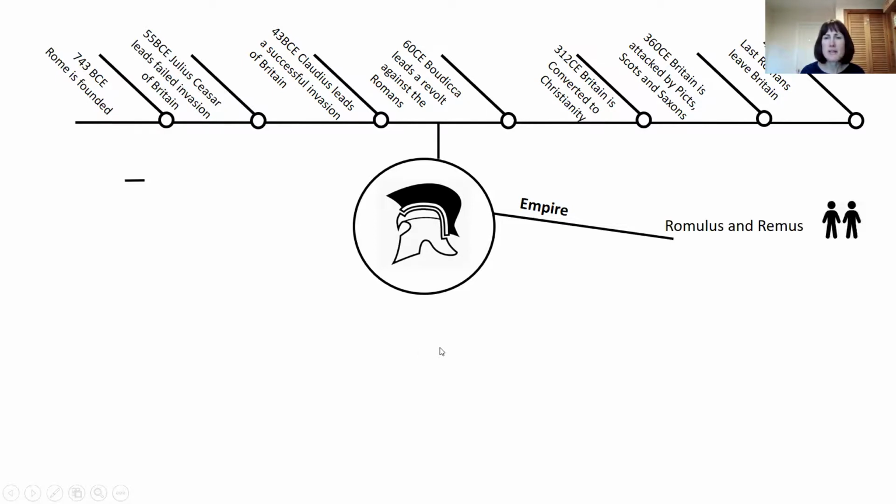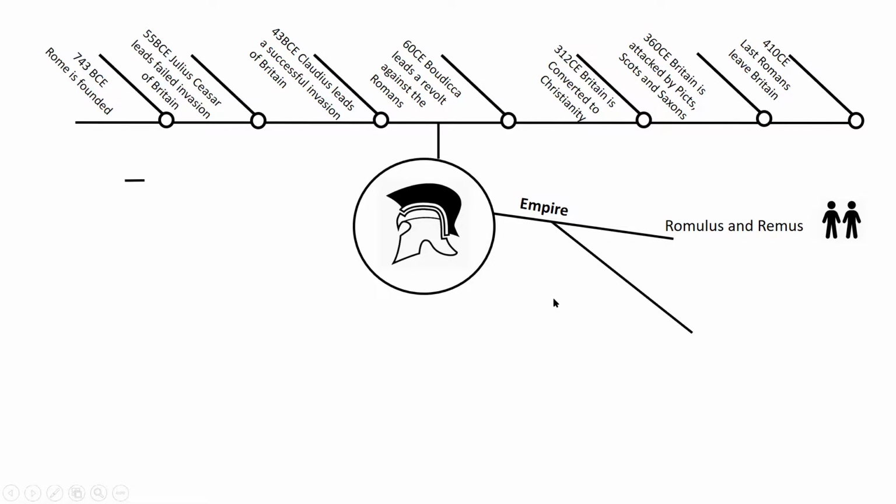I've mentioned already that the Roman Empire was one of the most powerful ones. Coming off the empire are the words Romulus and Remus, and there's a small picture to show our twins. You can do 2 stick people if you want, just something to help you remember. They need to be exactly the same, to show twins.